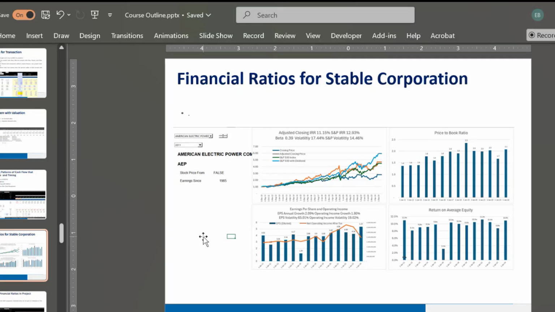And what I'm doing right now is showing you a key difference between project finance and corporate finance. This is a really boring company. It's a utility company, and they earn the same kind of return year after year after year. And then you can say, well, what kind of value do they have relative to the balance sheet? What's the price of the stock compared to the amount that investors put into the company?